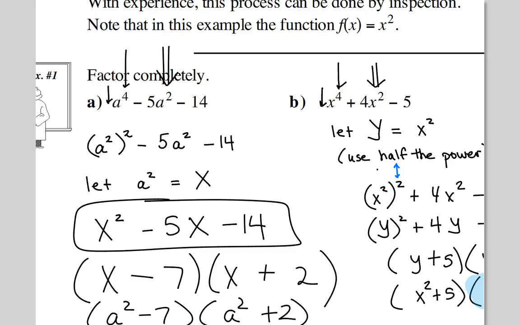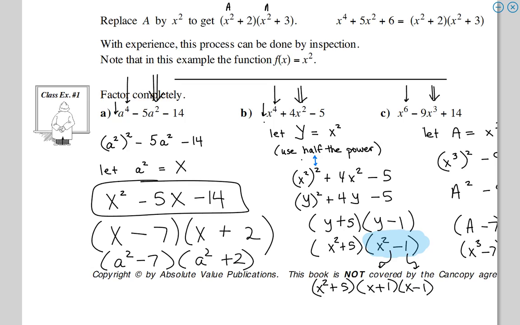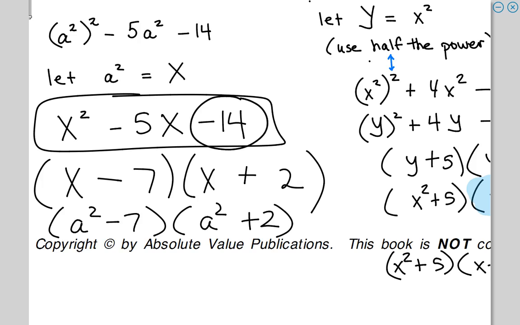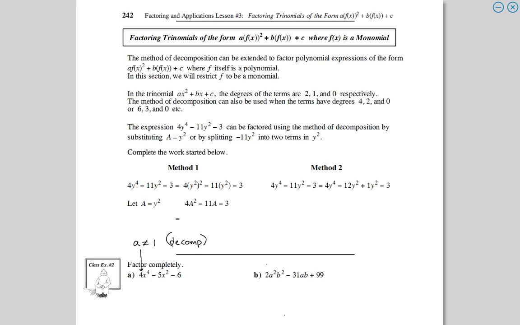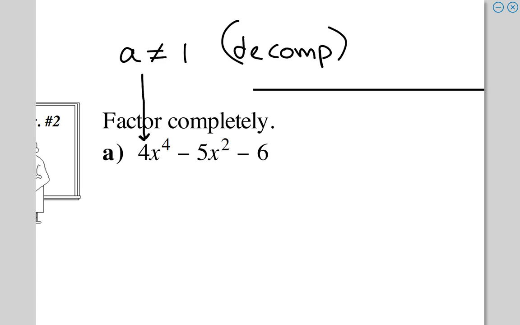So all I had to do was use inspection. Inspection is just where you think of the two numbers and then once you got them, you write them down and you're done. Like for 14, 7 and 2, and you're done. But with A not 1, you have to think of those numbers and then decomp.